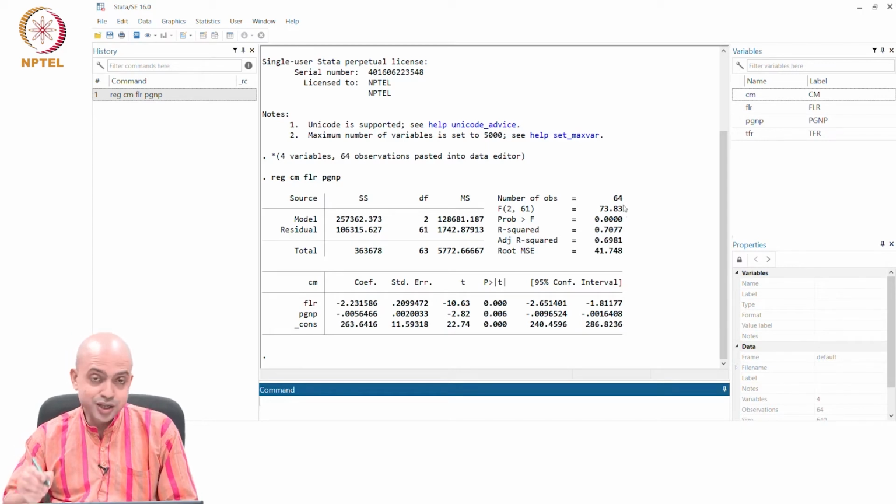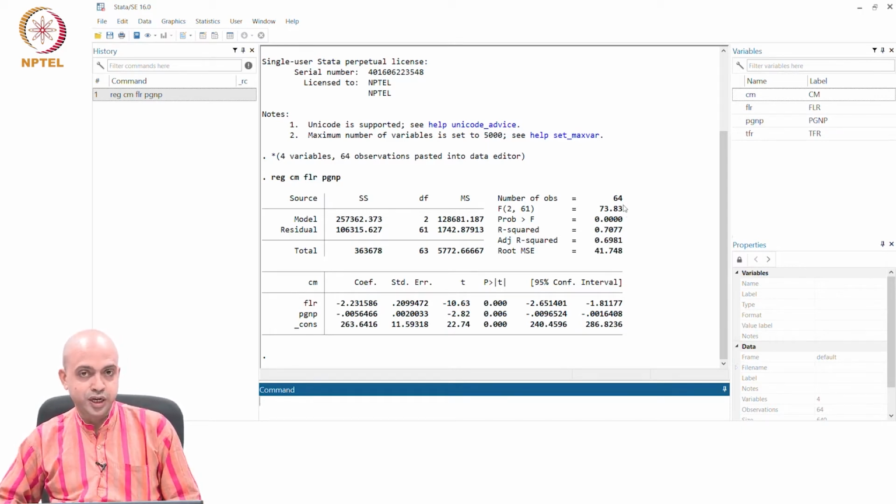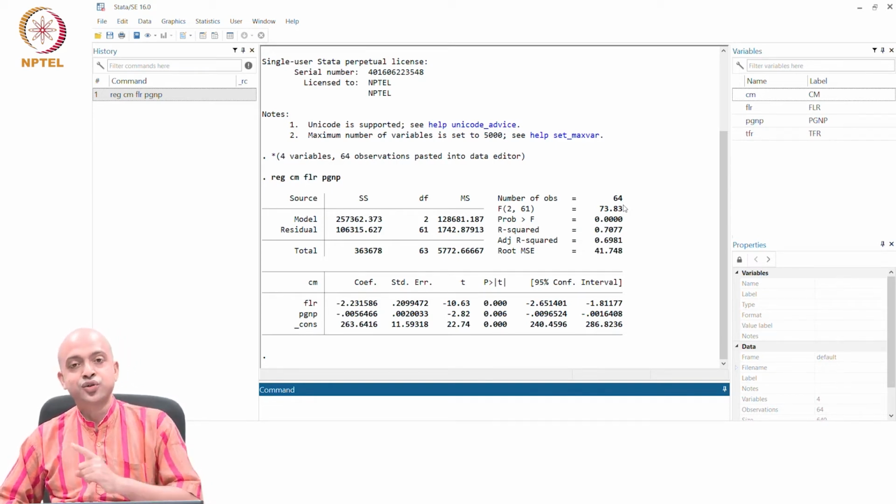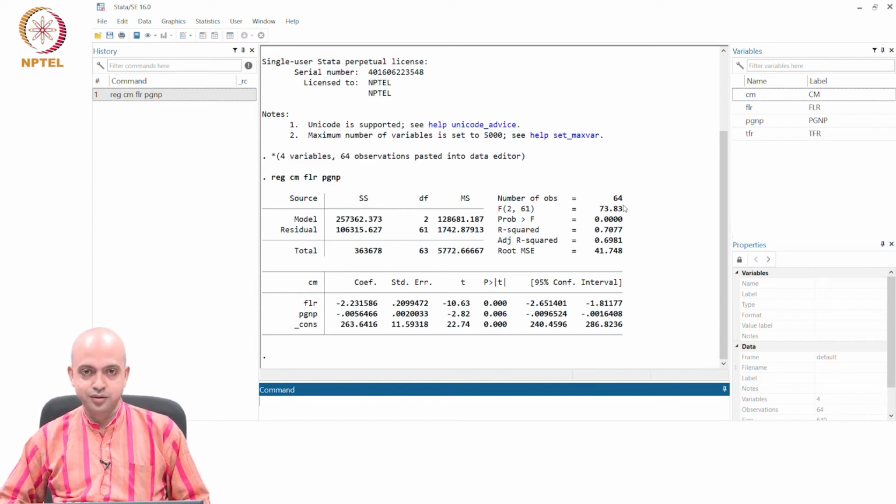So, as long as your F statistic is significant, your model is overall significant, you will understand the R square is also significant. So, even though the R square value turns out to be low mathematically, by looking at the F statistic and its significance, you can claim that my R square is statistically significant.